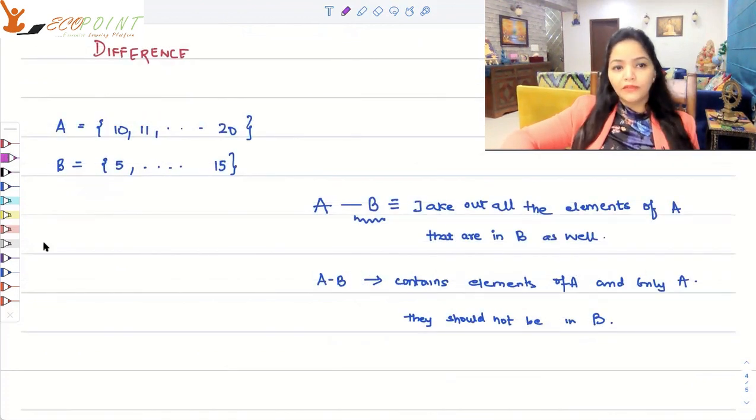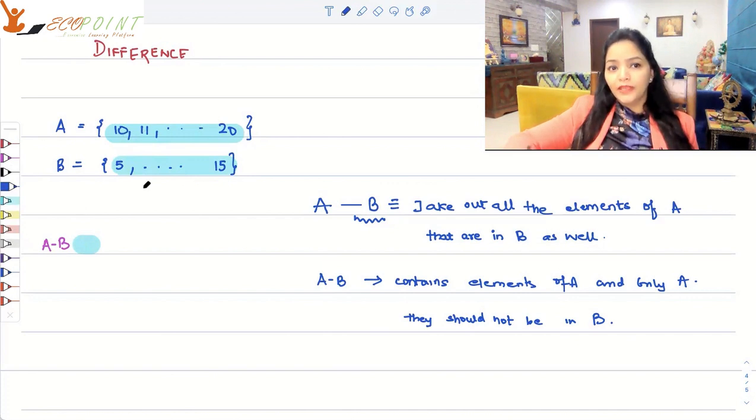So suppose we define A minus B in this example. These are the numbers that I have in A and these are the numbers that I have in B. I want to take all the B out of A. So anything that is there in B and it's in A also, I'm going to take that out. So A consists of 10 to 20 and B consists of 5 to 15.